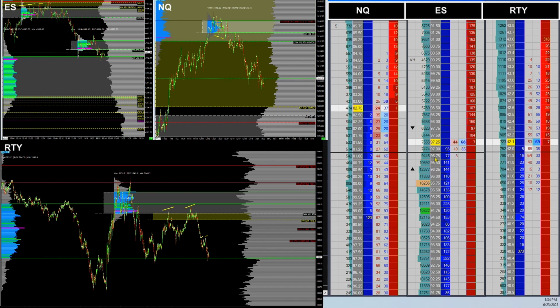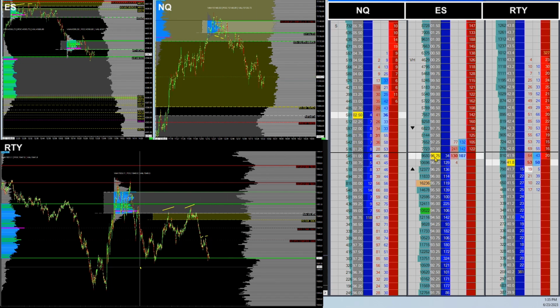This is setting up in a very goofy way. We don't quite have what I need. I really want to see Russell hit this pivot at 41 evens, which has liquidity on it.